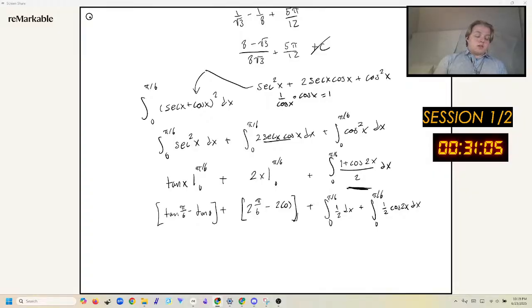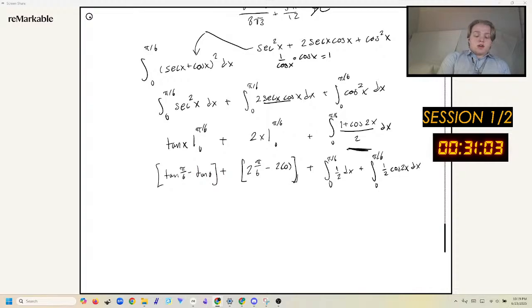Right? So tangent of pi over 6, that's 1 over square root 3. That's not something I knew off the top of my head, I had to look that up. Minus tangent of 0 is 0, plus 2 pi over 6 is just pi over 3.